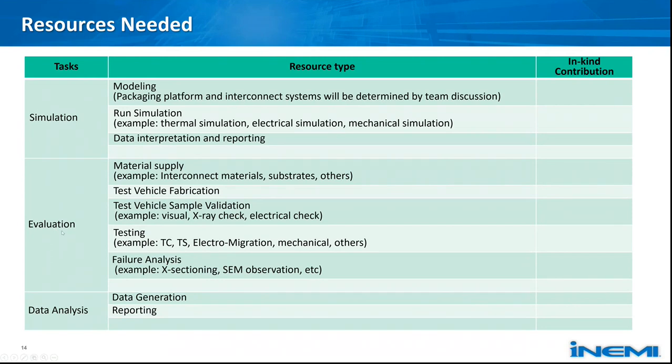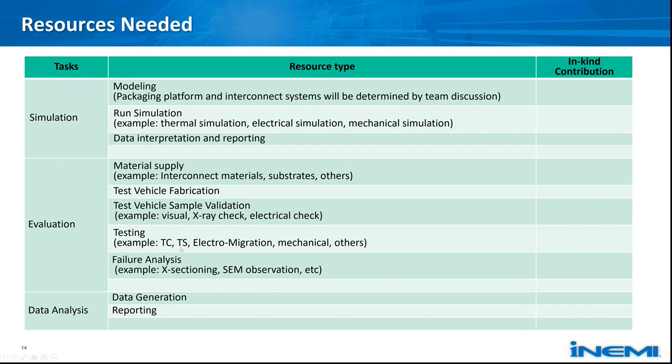In the next phase, the evaluation would include different material supply, for example, different interconnect alloy materials, substrate dies, and any other resources that are needed from the material side, fabrication of the actual test vehicle, and then validation of this test vehicle's results after thermal cycling through X-ray, any electrical testing, or any other FA techniques.